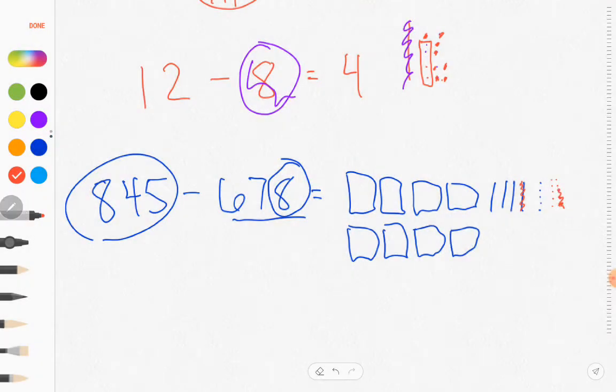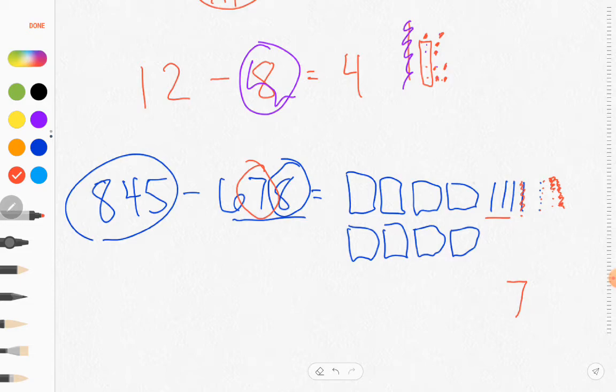That leaves me with 7 1s. Now I need to take away 7 10s. The only problem is I've only got 3 left because I regrouped that one. That one no longer exists.